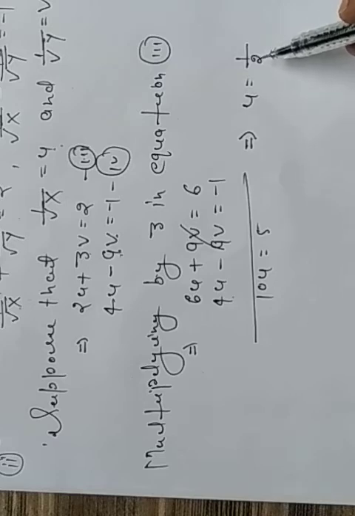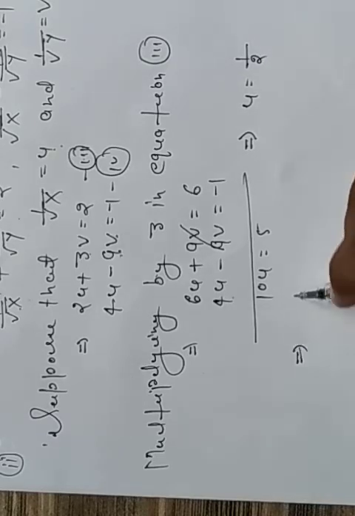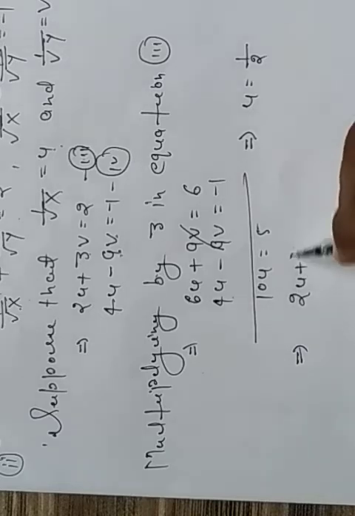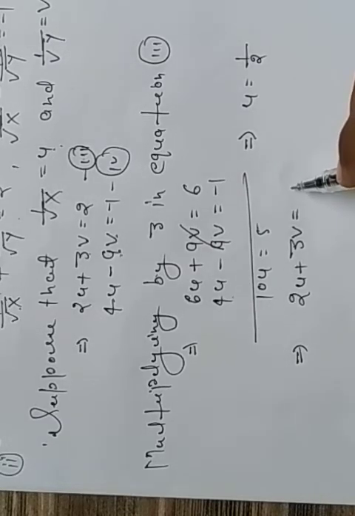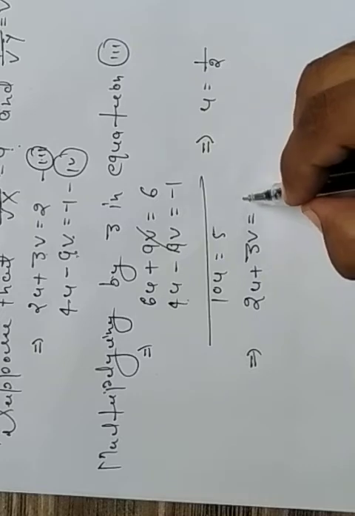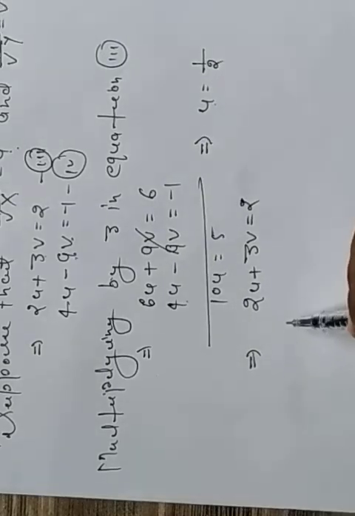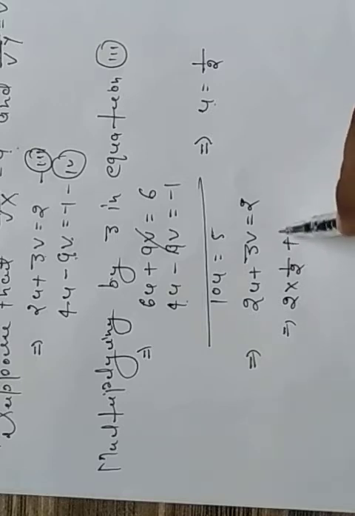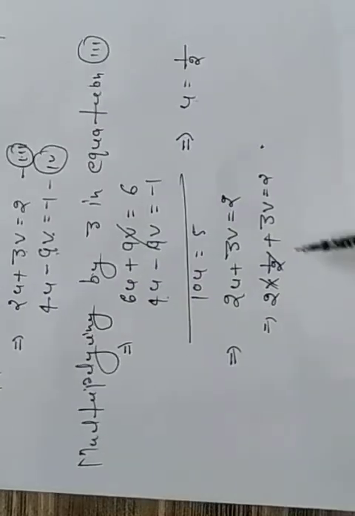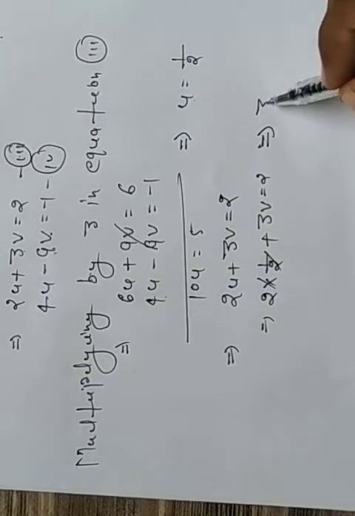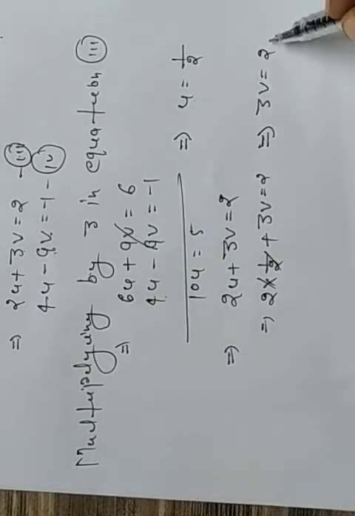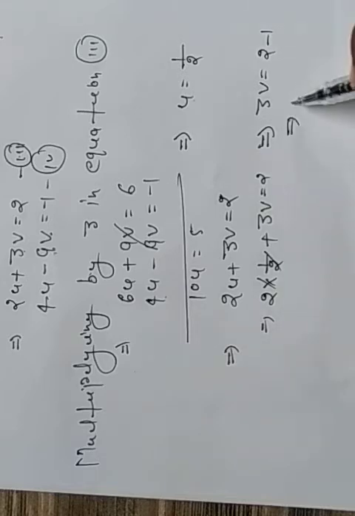Now put this value of u in equation 1. So see, equation 1 is 2u plus 3v is equal to 2. Now put u is equal to 1 by 2. So 2 into 1 by 2 plus 3v is equal to 2. 2 cancels, implies 3v is equal to 2 minus 1, implies v is equal to 1 upon 3.